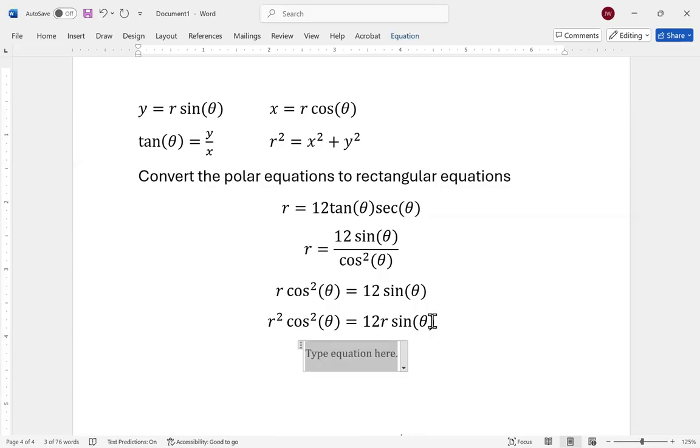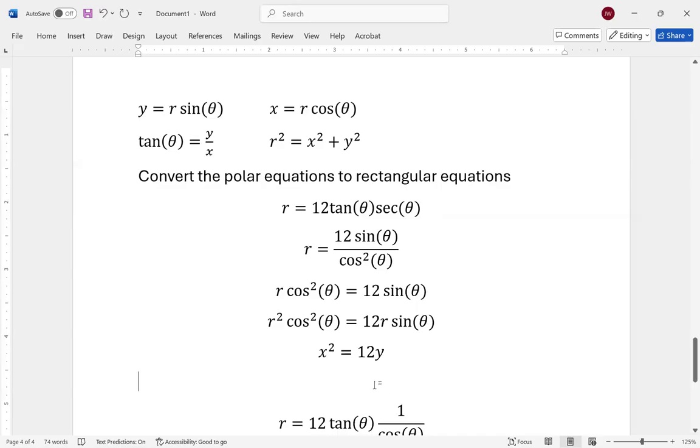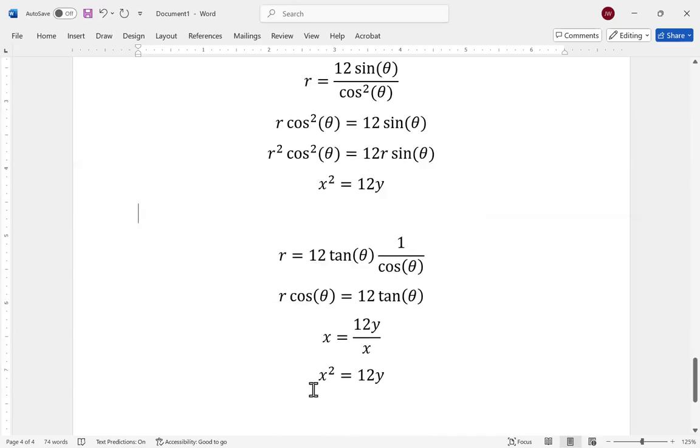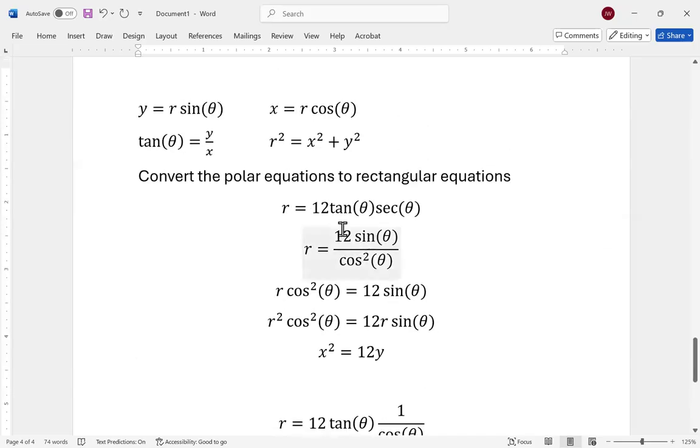Now, r squared times cosine squared is r cosine quantity squared. So we get x squared is equal to 12y. Again, just another way to do the same thing. So whichever approach you use, you'll get the same thing at the end, x squared equals 12y, when you do that conversion.